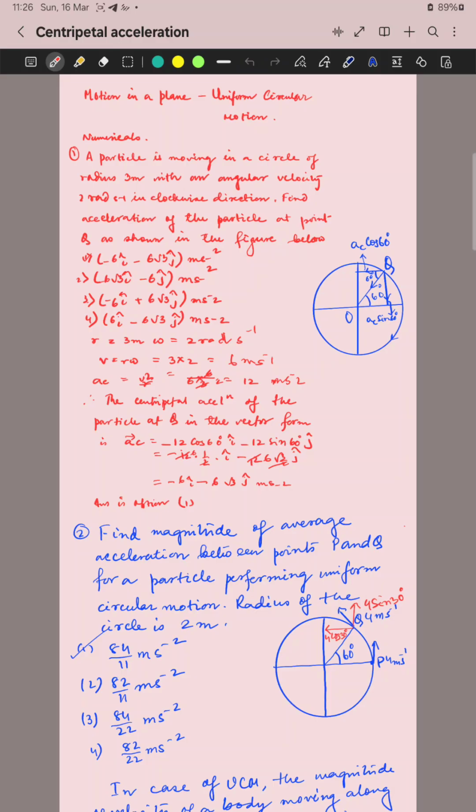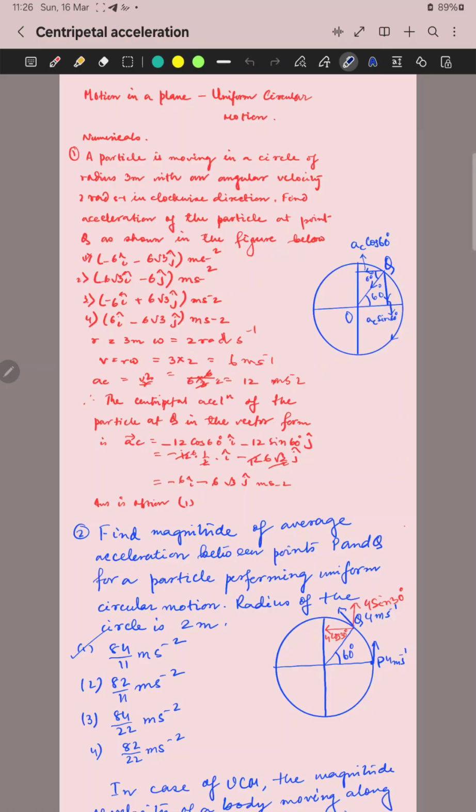Now as you can see in the first problem, it is given that a particle is moving in a circle of radius 3 meter with an angular velocity 2 radian per second in the clockwise direction. That is shown in the diagram alongside.